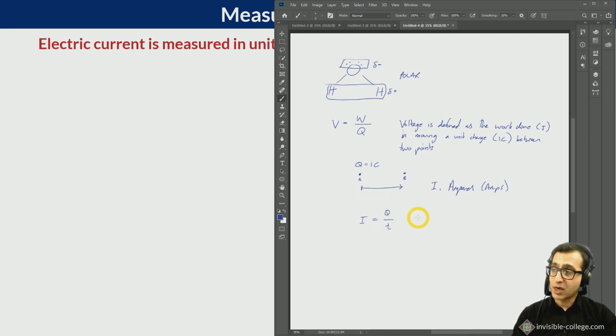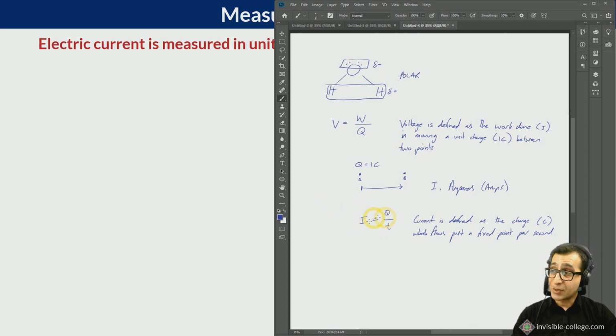So again, we can define current. Current is defined as the charge in coulombs which flows past a fixed point per second, per unit of time.